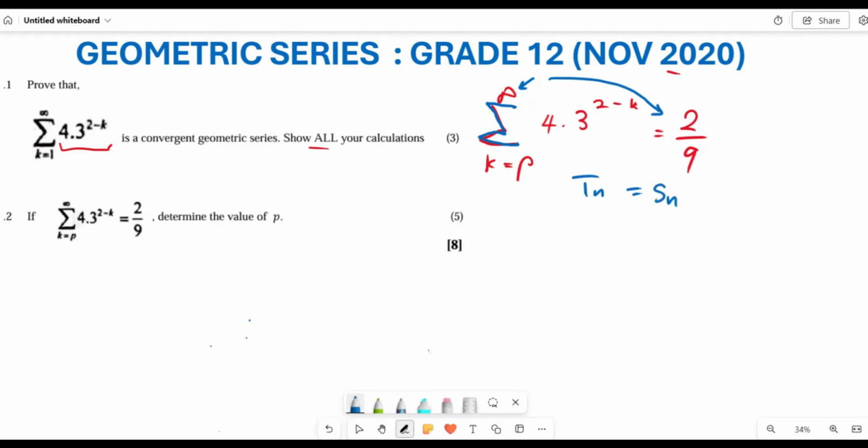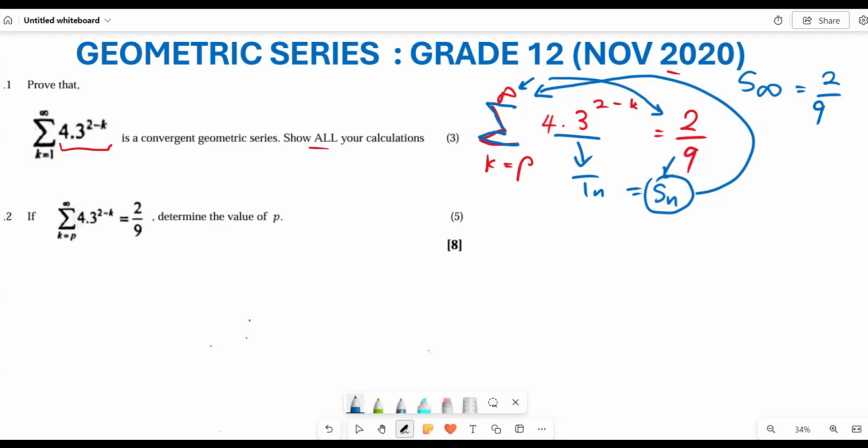I'm referring to this one being the Tn, and this one being the Sn, and everything that you get in the Sn is the sum of all the terms that you are having in here. Because you have the infinity here, it is proper to conclude that the sum to infinity in this case is the same as 2 all over 9. Altogether, I am hoping that all of us have a better understanding of this, right?